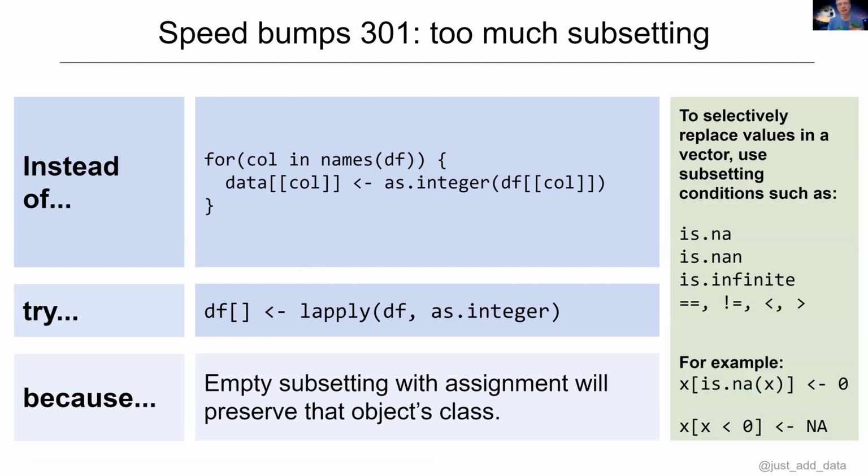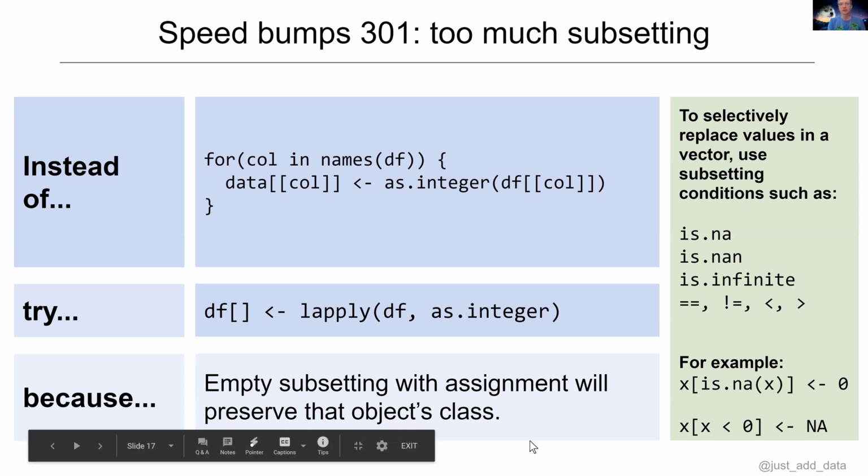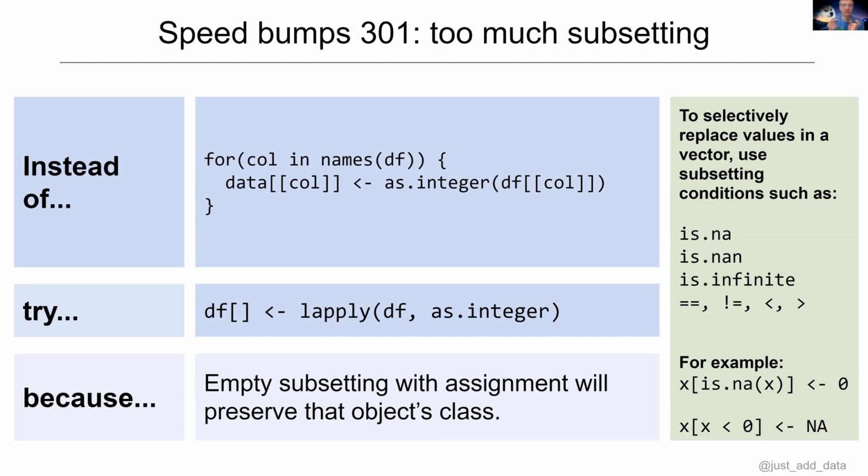But square bracket subsetting can also be used for other purposes in replacement. To selectively replace values in a vector, for example, you might use different subsetting conditions if you wanted to replace values that were NA or that were infinite or that were equal to some value or not equal to some value. Right? You don't have to write a loop and check each individual value of that vector and then replace it if some condition is true in that one specific value.